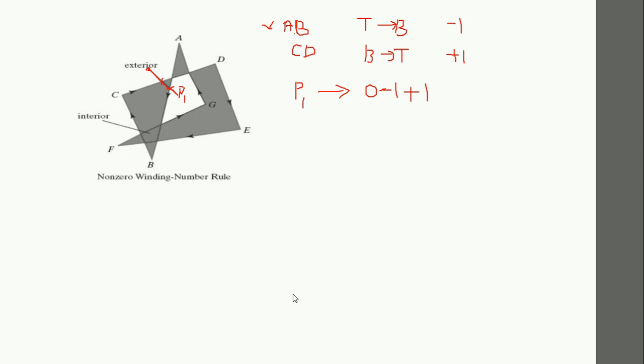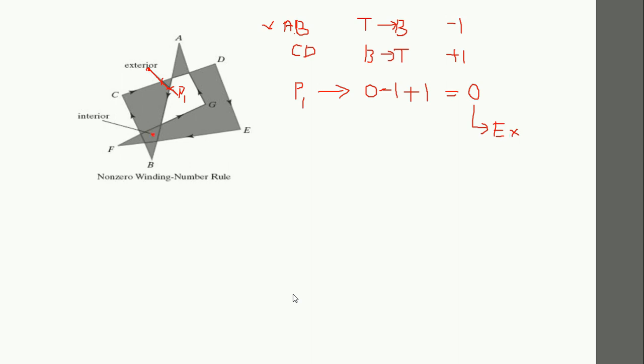There are no other intersecting points, so I stop the procedure, and the final winding number is 0. According to the non-zero winding rule, 0 means the point is exterior to the polygon.